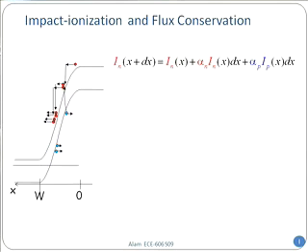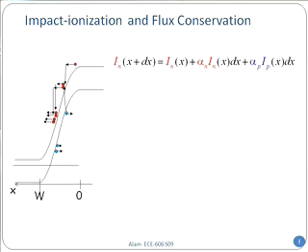In that case, if you look at the electron number, then the electron number at X plus delta X out of that little box is whatever electrons came in at X, and then the electrons multiplied by their impact ionization probability, because not all electrons were able to gain energy equal to the band gap or more. Only a fraction did, and that fraction is, let's say, alpha n, that were able to ionize the electrons and therefore put them in the conduction band.